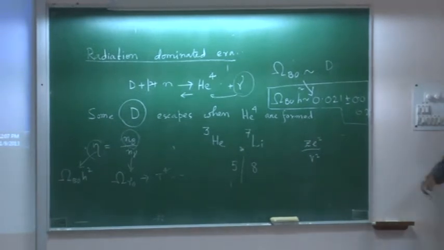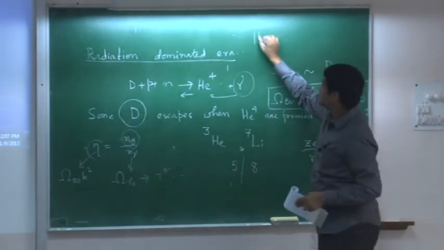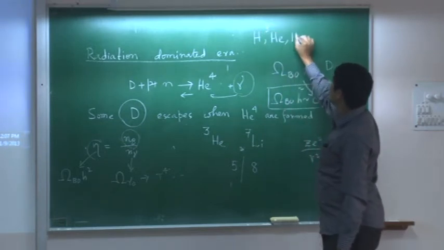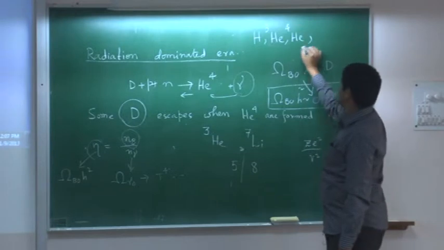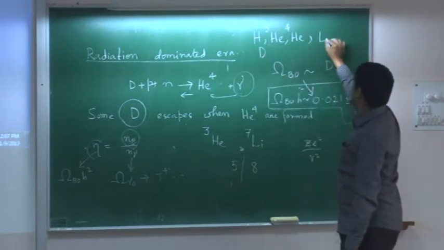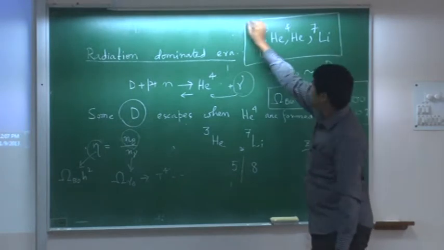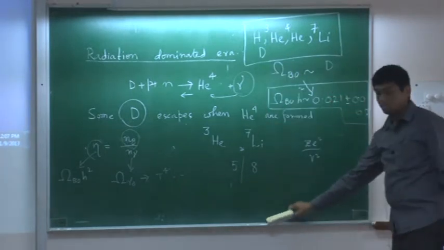So this is all you create. You create hydrogen, you create helium-3, you create helium-4, you create deuteron, and you create lithium-7. And that's all. Nothing else is created because of Big Bang nucleosynthesis.